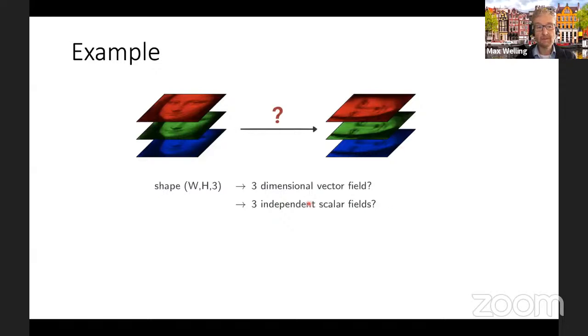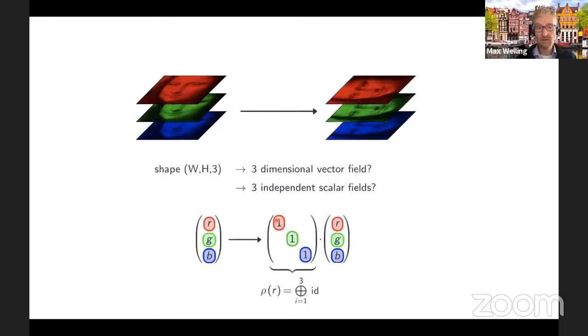So very quickly, let's say you have 3 colors, and now I'm going to rotate the 3 colors. How do I make this equivariant? Is this a vector field, or would it be 3 scalar fields? It turns out it's 3 scalar fields because as I rotate, these channels don't mix together.